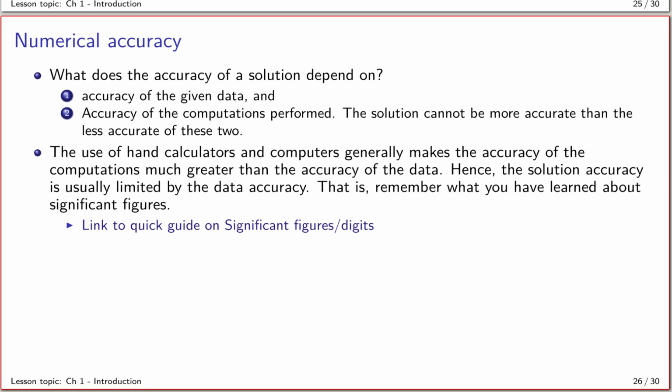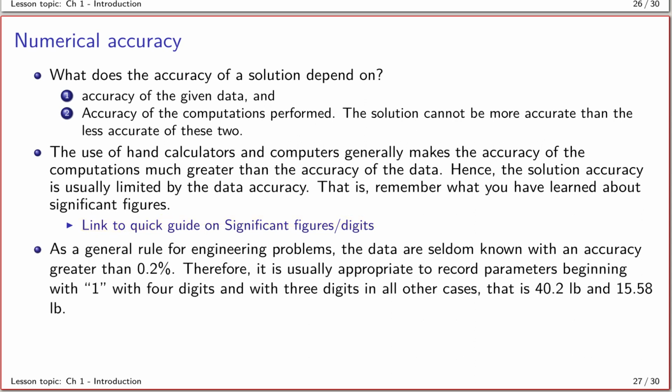So for those of you who want a reminder about significant digits, you can click on this link here and it will give you a one-page summary of how to think about significant digits. But for the purposes of our class here, it's important to remember that as a general rule, in engineering problems, you generally don't know things to greater than 0.2% accuracy.